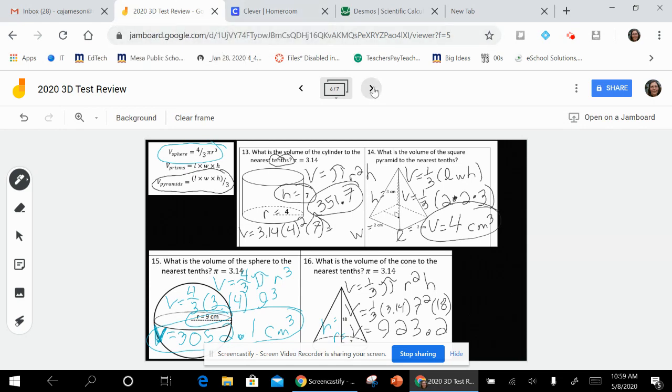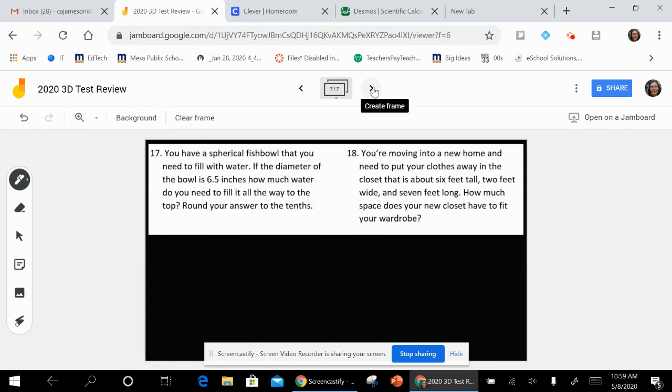Okay, last two, everybody, we got this. Okay, so you have a spherical fishbowl. Okay, so if we have a bowl, and the diameter, it says the diameter is 6 5/10 inches. How much water do you need to fill it up all the way to the top?